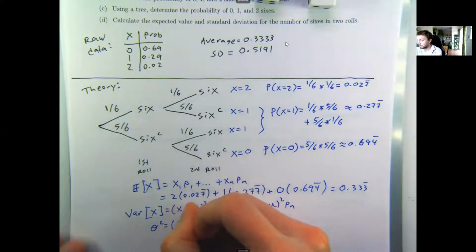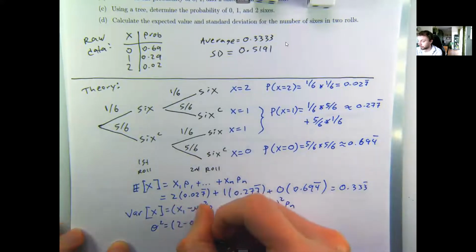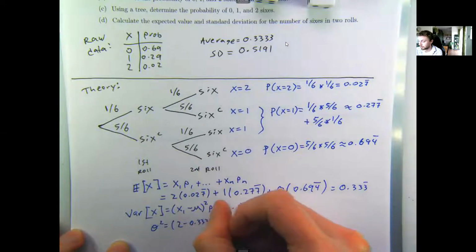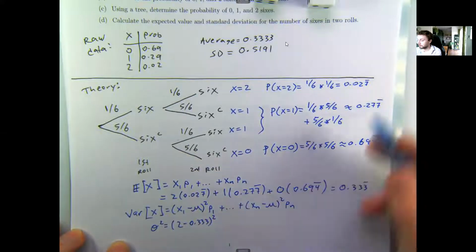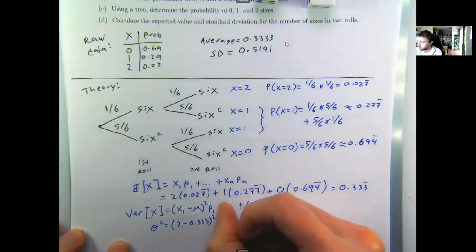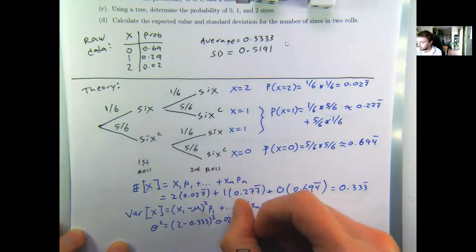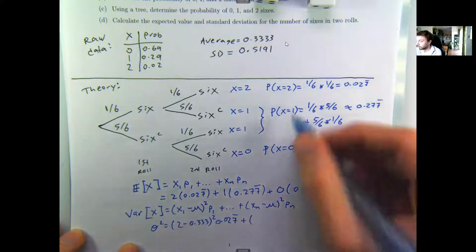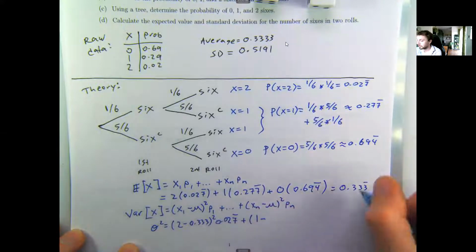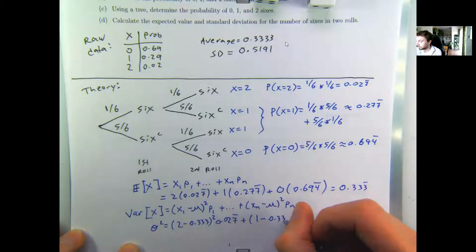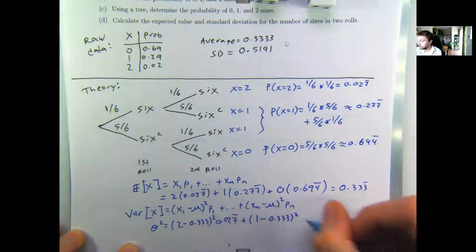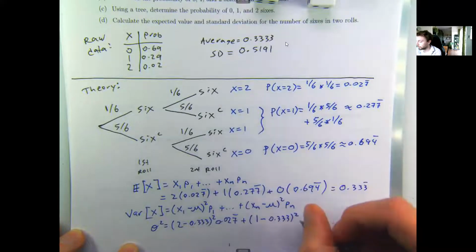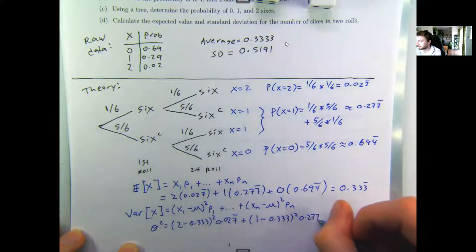So first x value was 2, center was 0.333 repeating, squared, times that first probability for 2 was 0.027. Next x value was 1, center was 0.333 repeating, probability for 1 was 0.277 repeating.